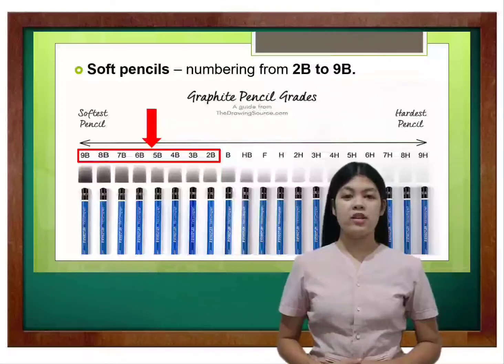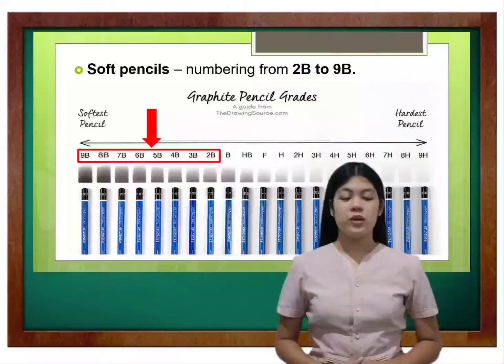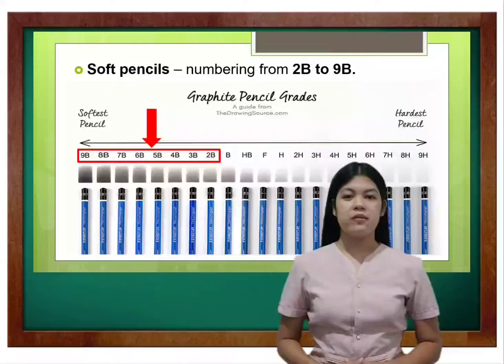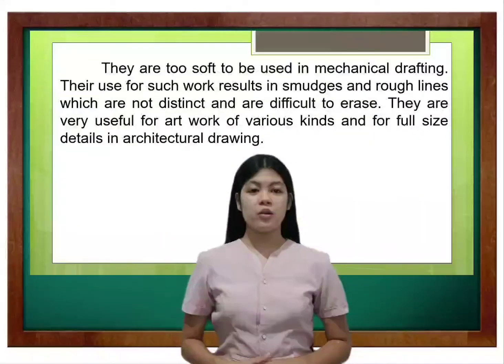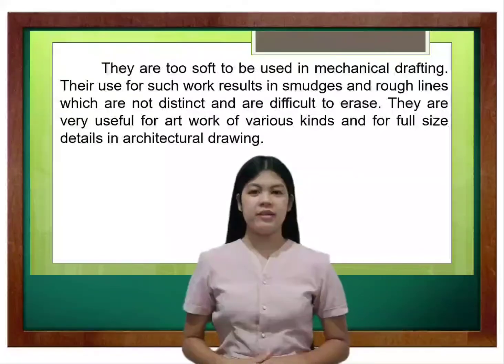Lastly, we have soft pencils, numbering from 2B to 9B. As you can see on the picture, the soft pencils from 2B to 9B produce dark values of shading. They are too soft to be used in mechanical drafting.